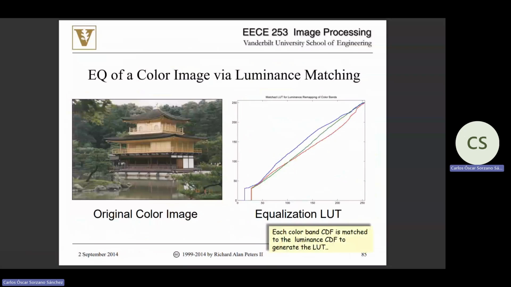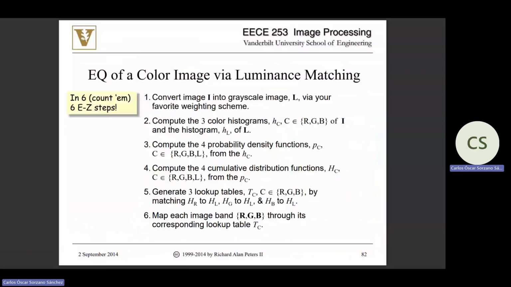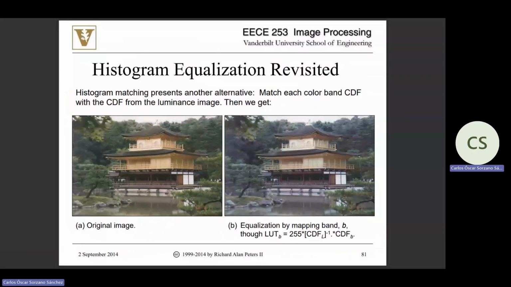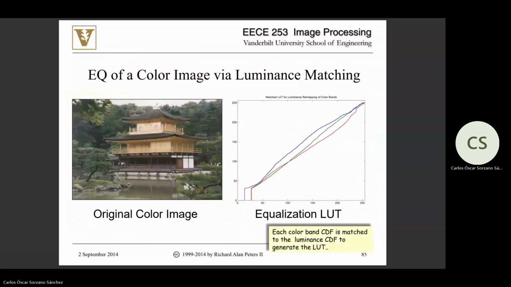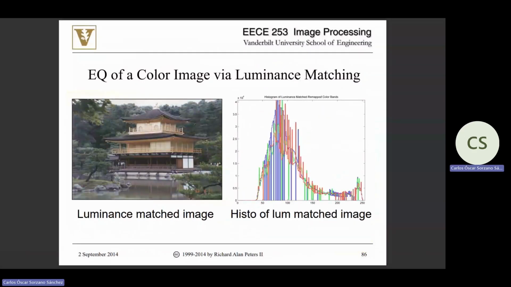For each channel it is slightly different because the formula depends on the band. So each one of the bands will have its own lookup table, its own transformation. Okay. And then the histogram of the results and all that.